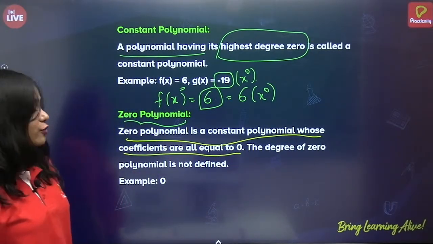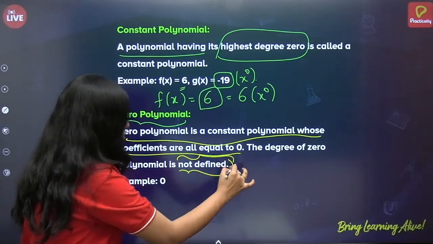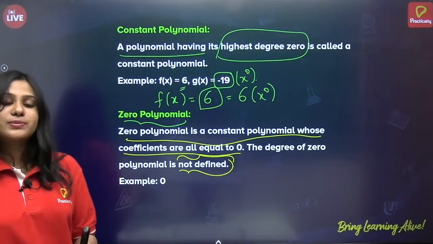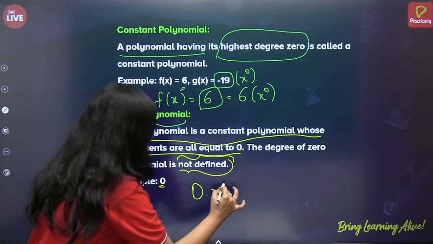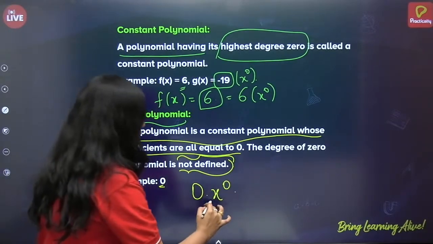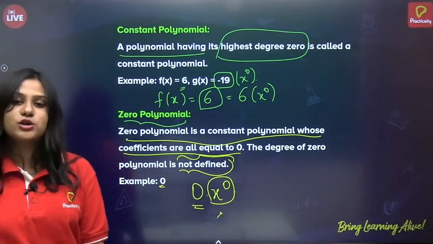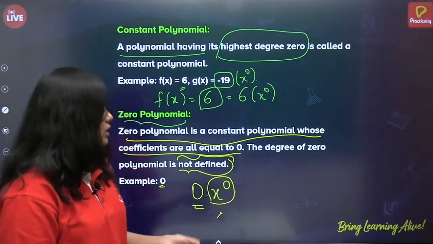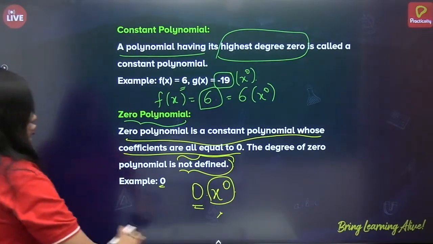The degree of the zero polynomial is not defined. Coefficient 0 means 0 into x power 0. You cannot define its degree, so 0 is nothing but the zero polynomial. This is the difference between a constant polynomial and a zero polynomial.